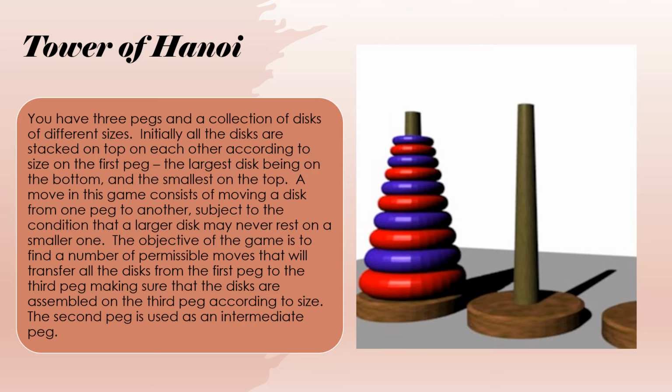A move in this game consists of moving a disc from one peg to another, subject to the condition that a larger disc may never rest on a smaller one. The objective of the game is to find a number of permissible moves that will transfer all the discs from the first peg to the third peg, making sure that the discs are assembled on the third peg according to size. The second peg is used as an intermediate peg.